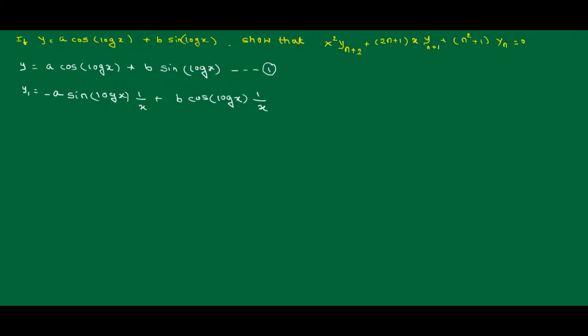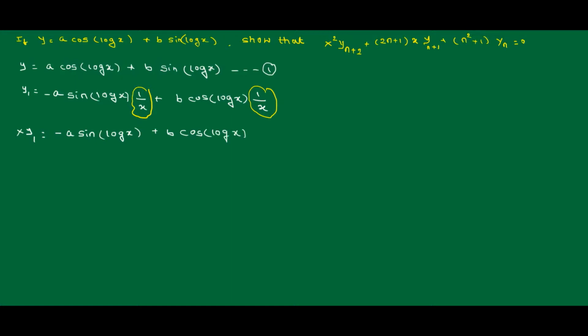Now here you can take this 1 by x and this 1 by x common, and after taking 1 by x common, if we transpose to the left hand side becomes xy1 is equal to minus a sine log x plus b cos log x.